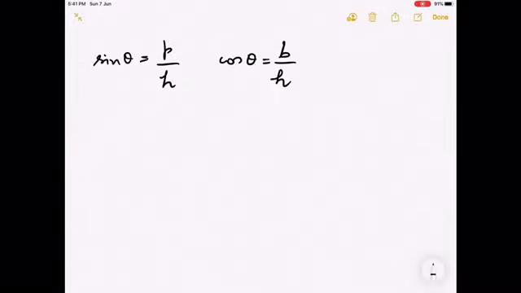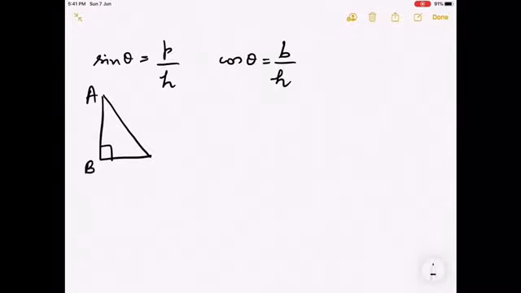Now as we write these two formulae, as I told you earlier, there is a very important theorem related to right angle triangles which we will be considering later on. So let us just consider that theorem along with these two ratios here. If I consider ABC as a right angle triangle, a very important theorem which you studied in previous classes, which is very famous also, is known as the Pythagoras theorem.